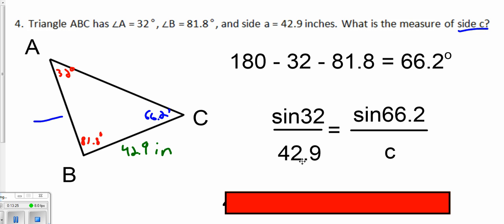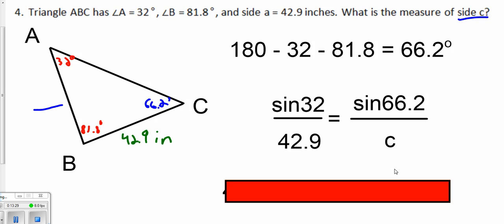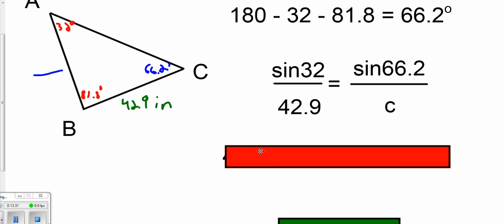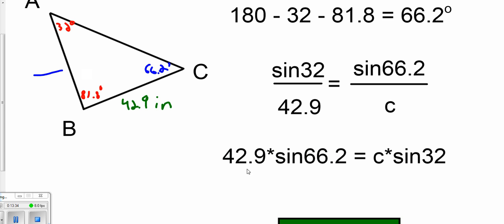Sine of 32 matches with 42.9, sine of 66.2 matches with C. Cross multiply and we would get 42.9 times sine of 66.2 equals C times the sine of 32. To get C alone, we divide both sides by the sine of 32.